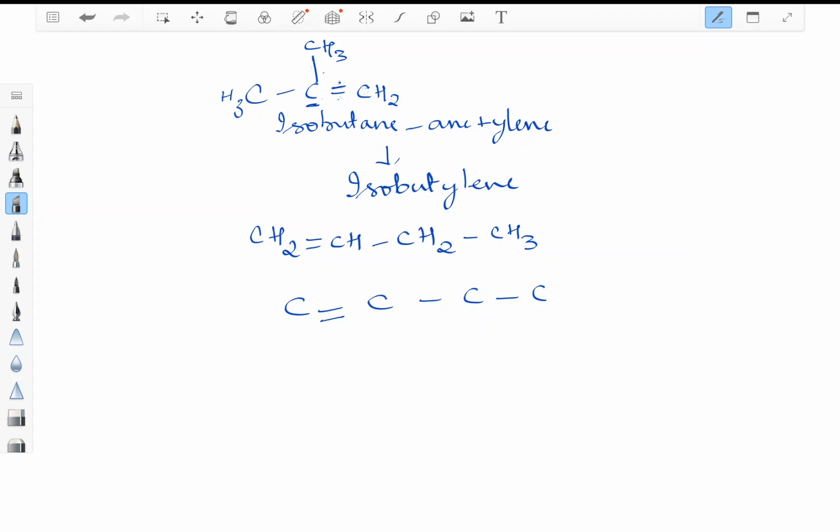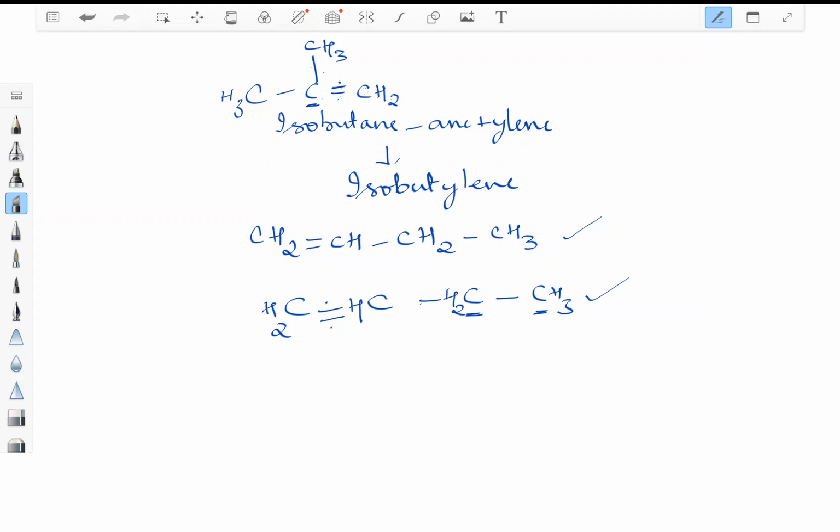This carbon has two bonds from the double bond, so it will have CH2. This carbon has 3, so one hydrogen. This carbon has 2, so CH2. This carbon has only 1, so CH3.